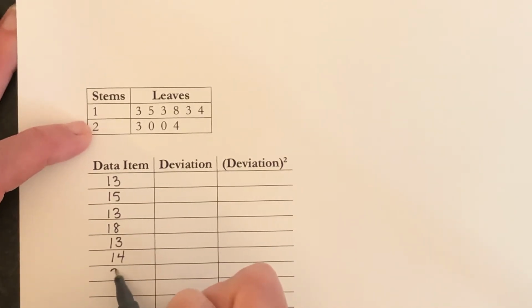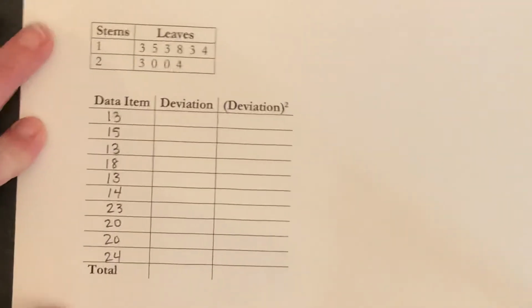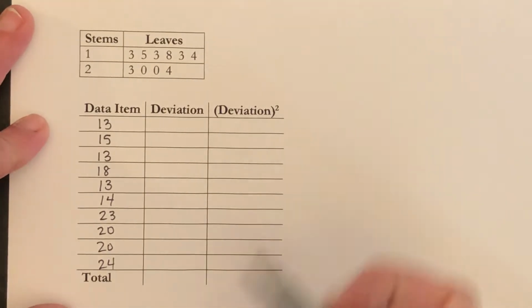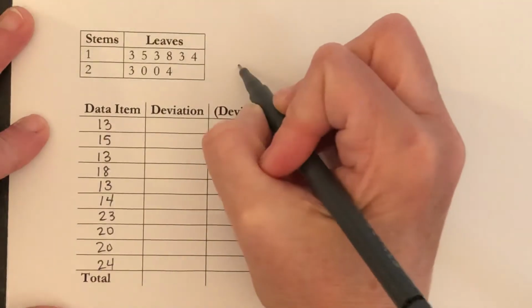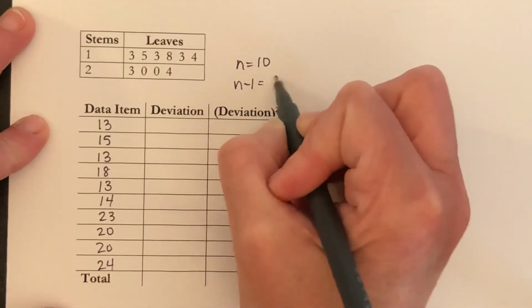And then 23, 20, 20, and 24. I just wrote them in the order they were given to me, but you can write them in numerical order if you wish. There are how many items? 10. So n minus 1 is equal to 9.